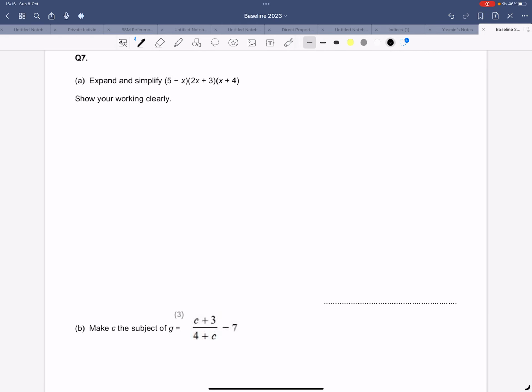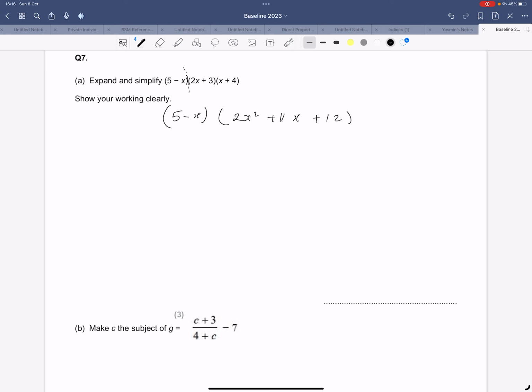Okay, surprisingly, students got this wrong as well. 5 minus x and 2x minus 3. Okay, let's expand the first one. So as I told you, start with 2 first and then deal with the next one. So 5 minus x, I'm going to leave it for the end. That'll be 2x squared plus 8x plus 3x is plus 11x plus 12.